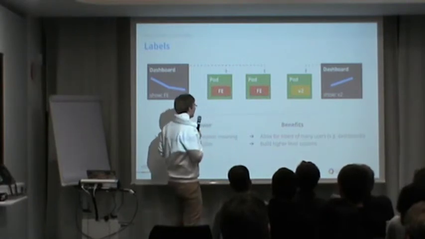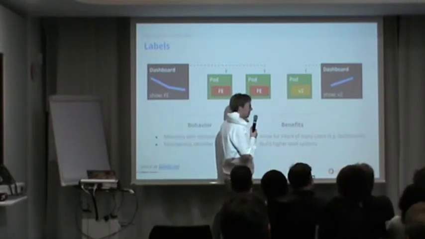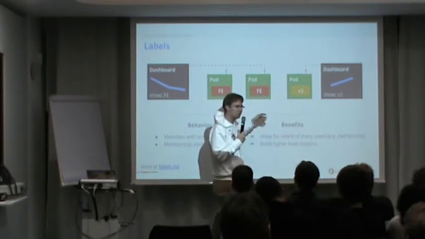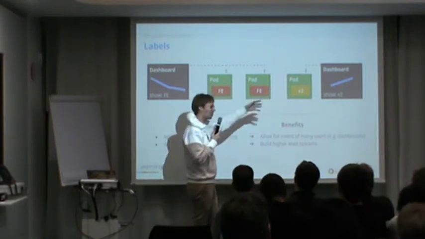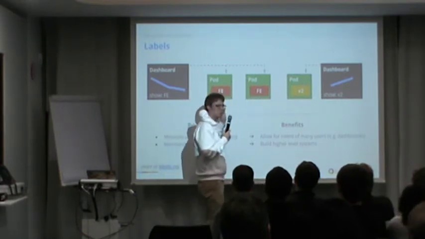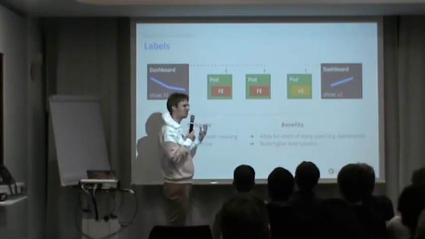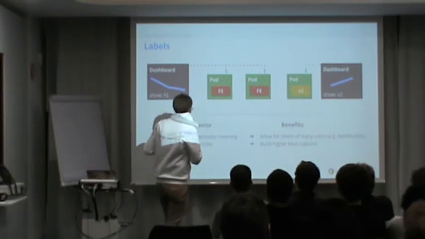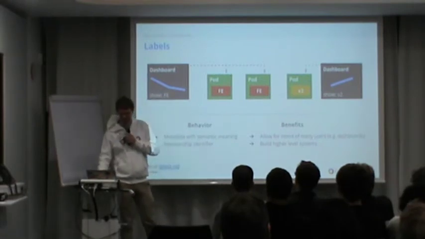So for example, for this web server you can have a label called front end, and everything else which is part of the front end you also give this label, or you can give it a label which is called production, one staging, one experimental, etc. These are like the typical labels you would give for things, and it just makes it easier to query and dashboard and whatever. So it's a semantic identifier you have.